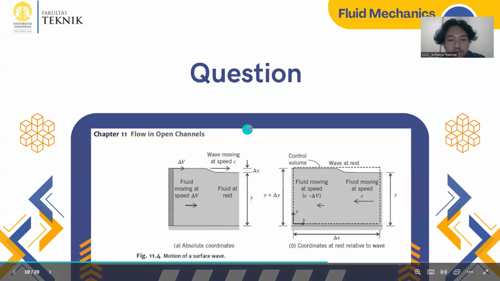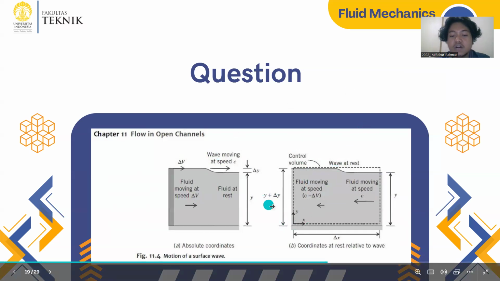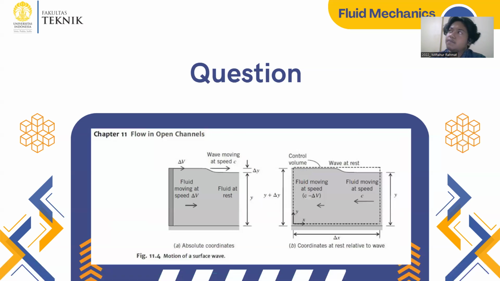For the fourth question, we got a flow in open channel. So basically, it's just a wave, but the wave is getting bigger because it is a tsunami. So there is a differentiation, not a differentiation, but it's getting very much higher.